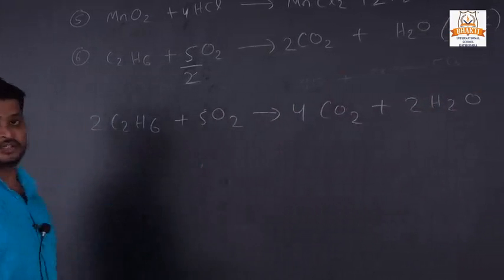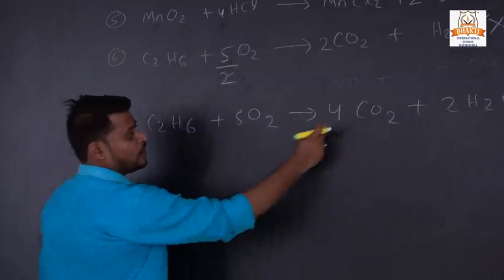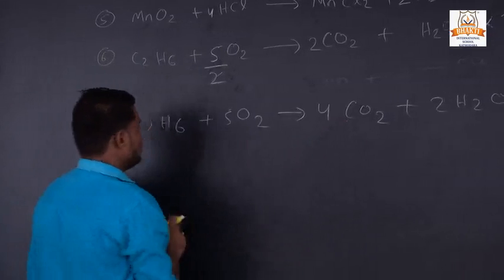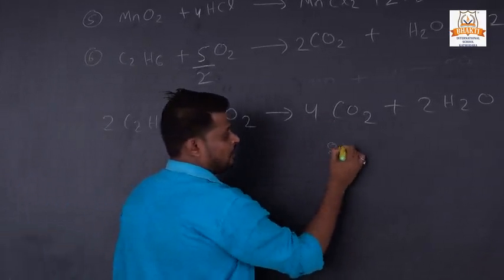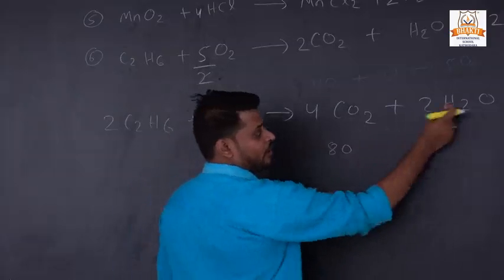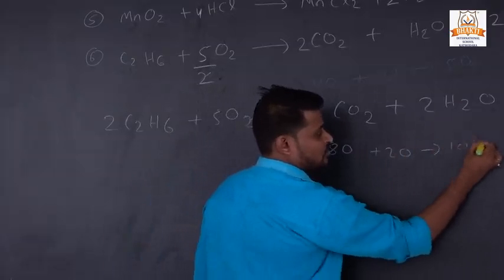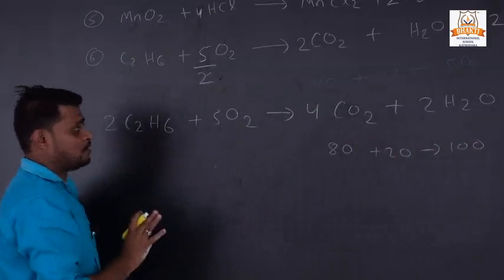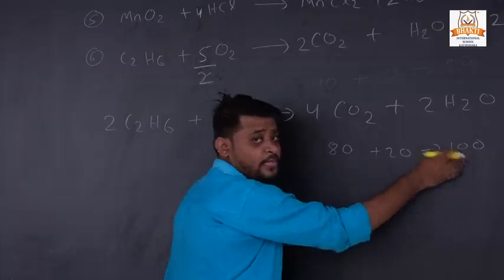Okay, now it's changed. Now we have to check carbon, 4 balanced. Here oxygen 10, here 4 2 is 8 oxygen and plus 2 oxygen. Now oxygen was balanced. Okay, here also 10, and in product also oxygen 10.